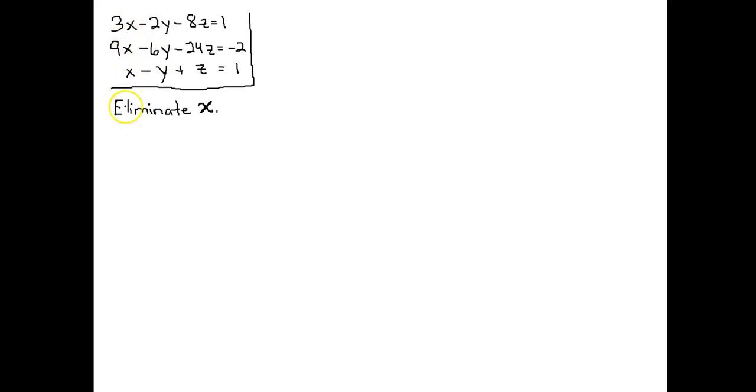Let's take these first two equations. Let's take the first equation and multiply it by -3 so that I can get a -9x. And that'll be opposite of the positive 9x in the second equation.